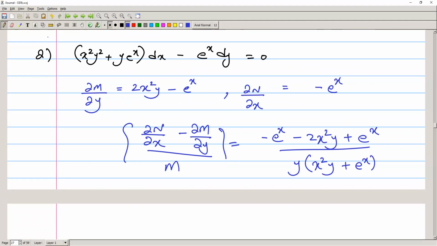And this was written by mistake as negative e to the power x. This is in fact positive e to the power x, and then we will have negative e to the power x here, right?